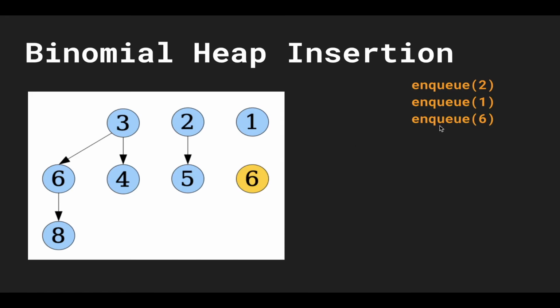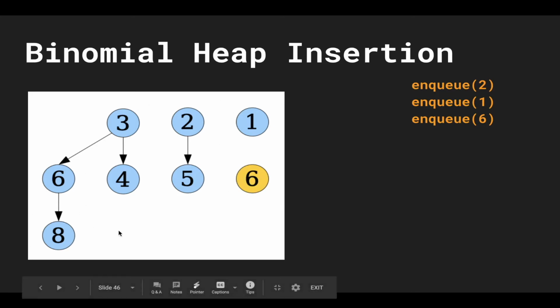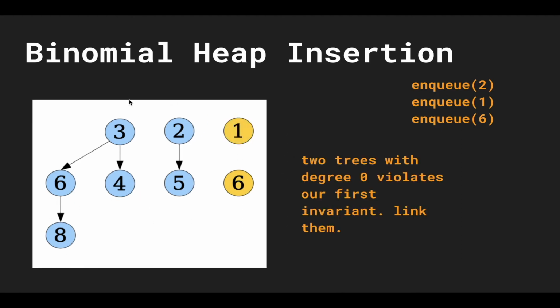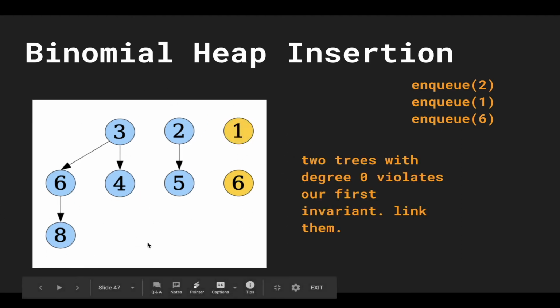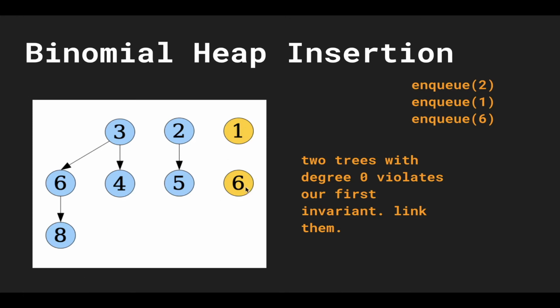Now let's enqueue 6. So this is a single heap with an element of 6, and then we have the existing heap, which is all the blue nodes. Now let's perform the union of these 2 heaps. So the first step in the union is to merge them together into a new heap sorted by the degree k. So we merge them together and we see that we have two trees at degree 0, which violates our invariant.